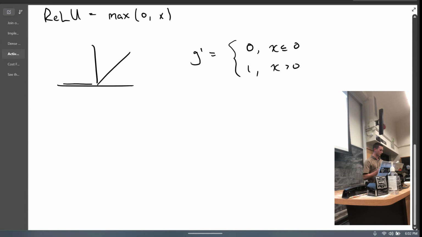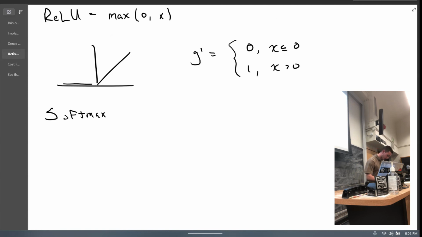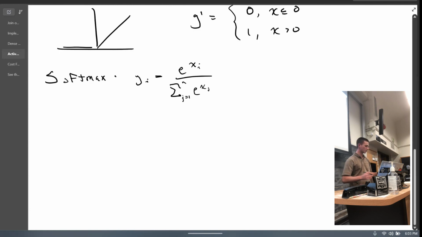And then we're going to define one other activation function. This is called softmax. So y sub i is going to be given by e to the xi all over the sum of e to each x. And so what is this doing?